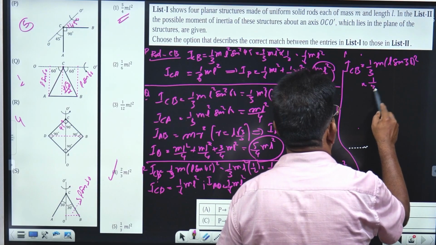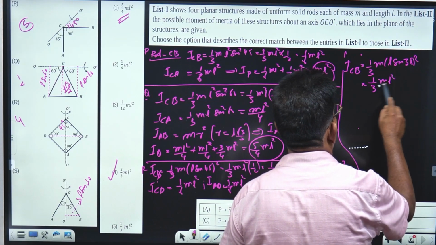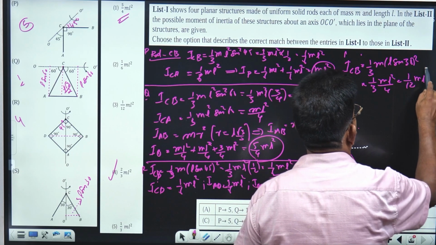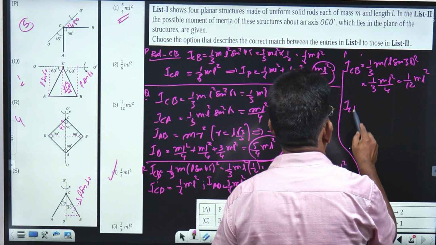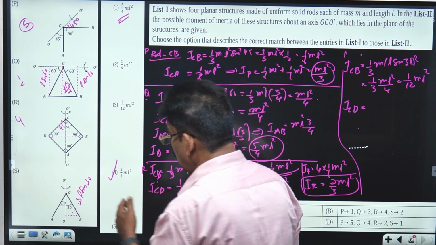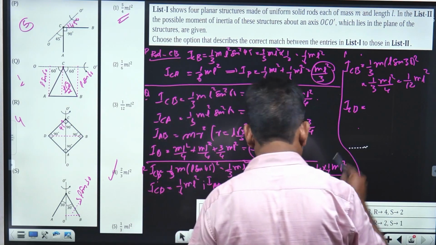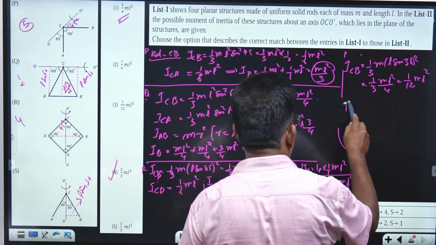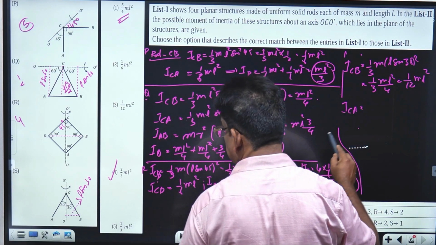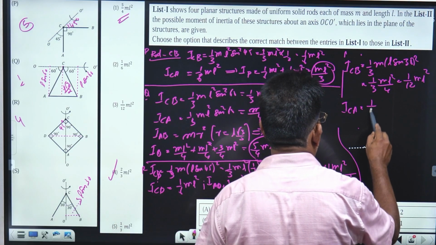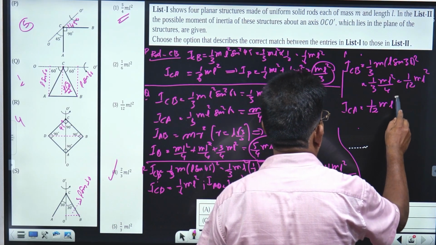That comes to be 1 by 12 m L square. Then what about ICD? Exactly symmetrical, no need of further explanation. ICA, look, is the same arrangement, same angle, same length, everything same. I need not go for any explanation. 1 by 12 m L square.